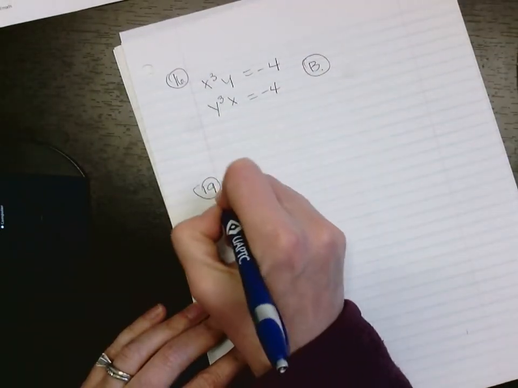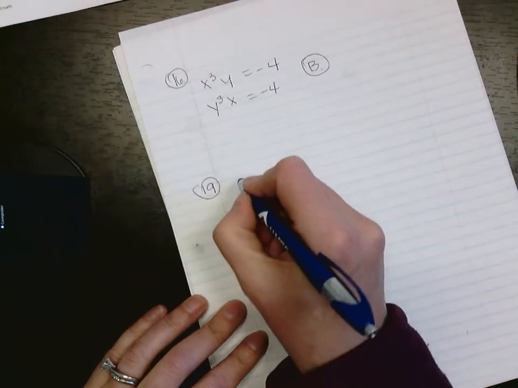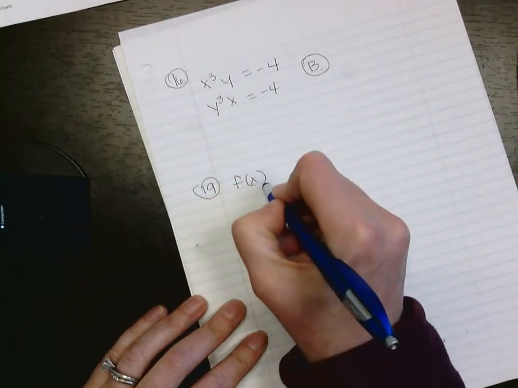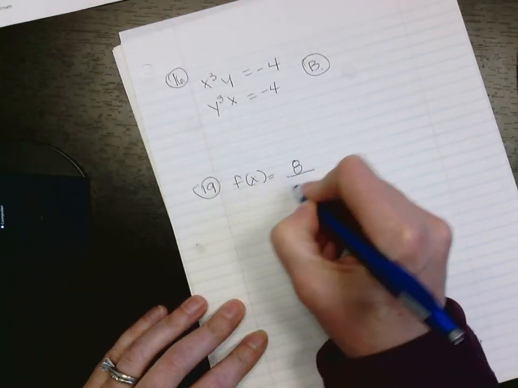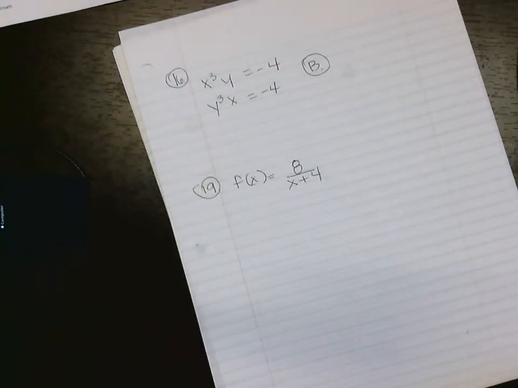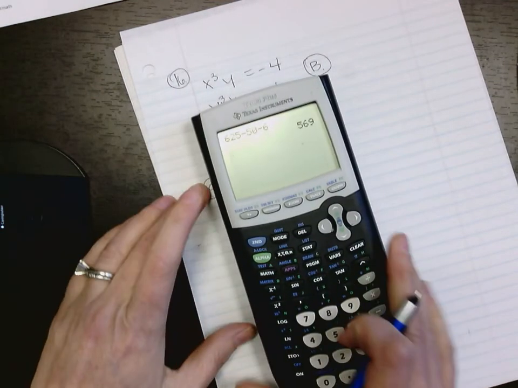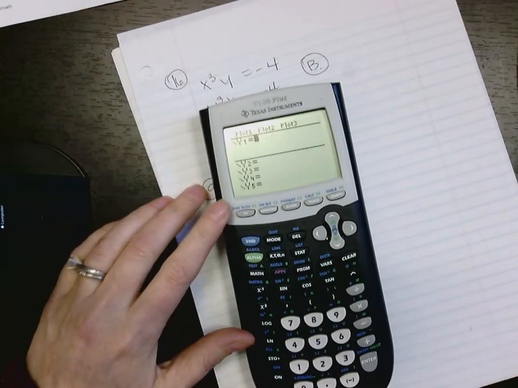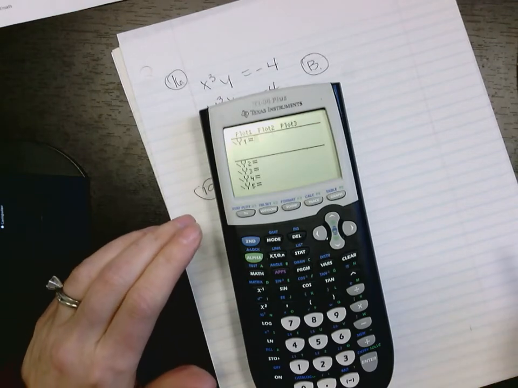So number 19, the function is 8 over x plus 4. So if you'll remember, you have to determine whether it's one-to-one or not. And if you're not sure, you can put that in your y equals and see if it passes the horizontal line test.